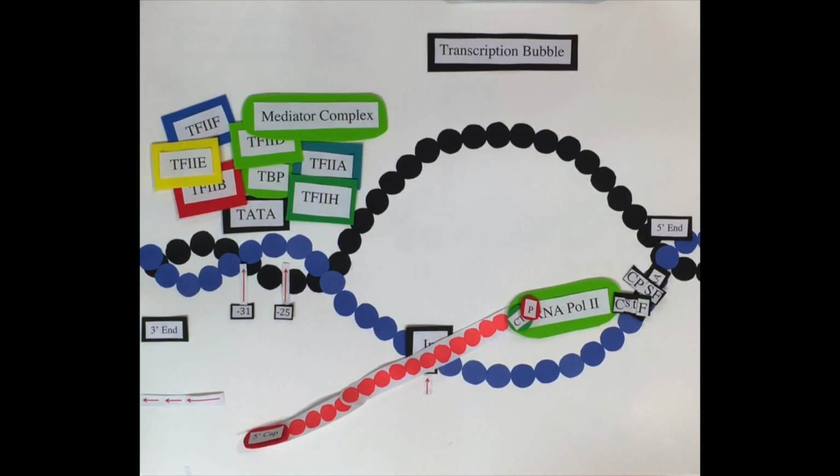These two factors then recruit endonucleases to cleave 10 to 20 nucleotides down from the poly-A site. Poly-A polymerase then catalyzes addition of approximately 200 A residues at the 3' end. This is known as polyadenylation.